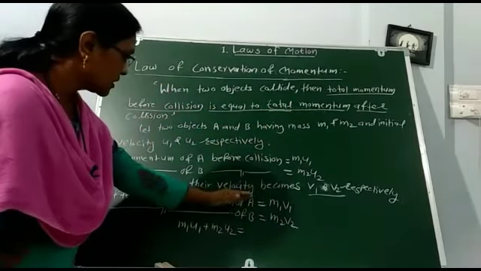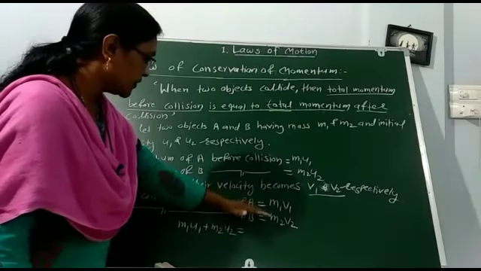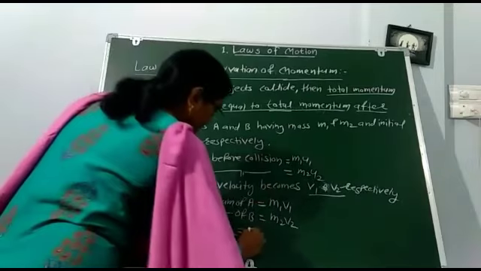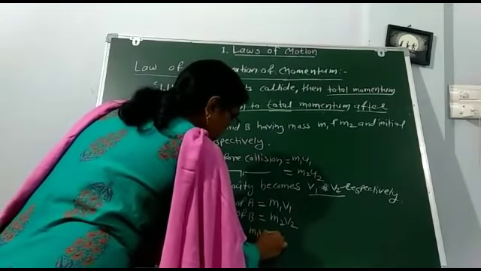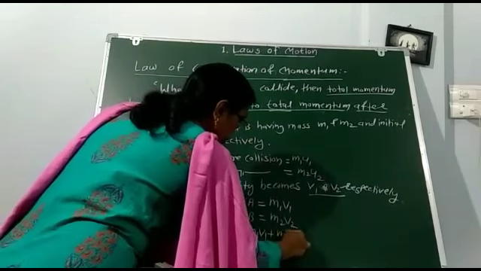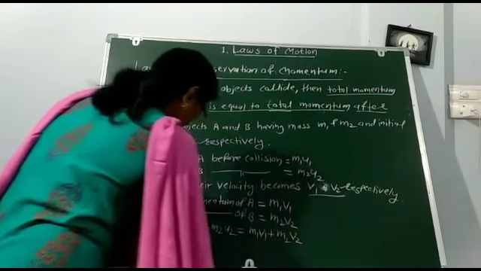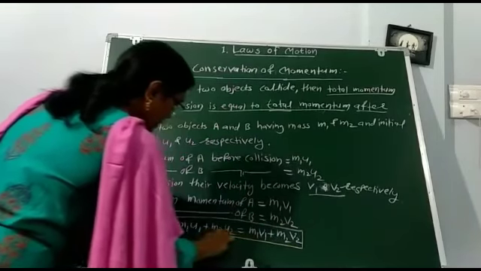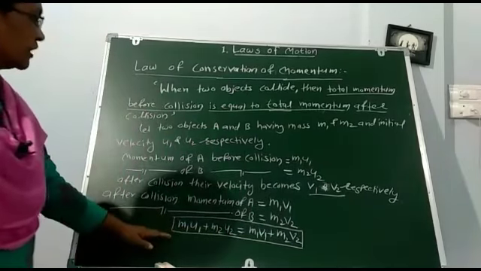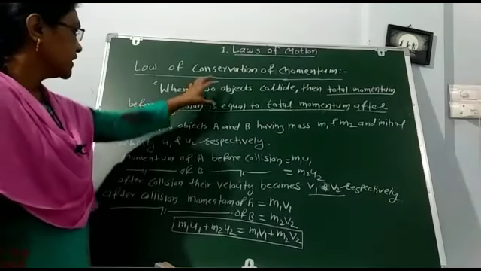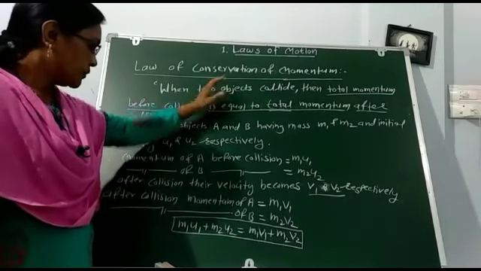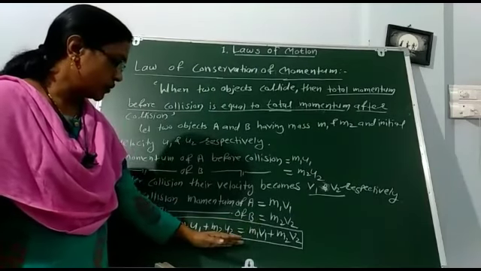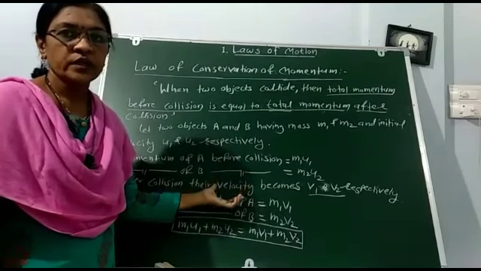We found the momentum of A and B after collision, and their total will be m1 v1 plus m2 v2. This equation is the equation of the law of conservation of momentum. This statement we expressed in mathematical form in this way. Using this equation, we will solve the numericals.